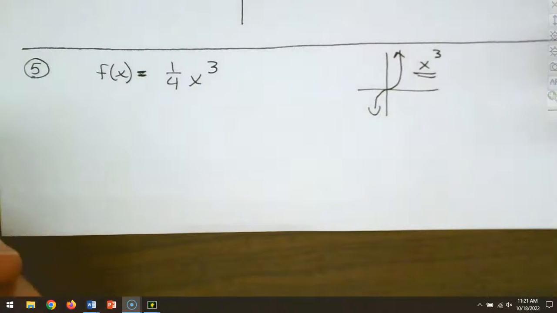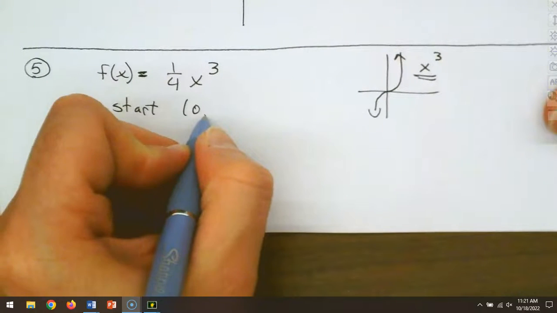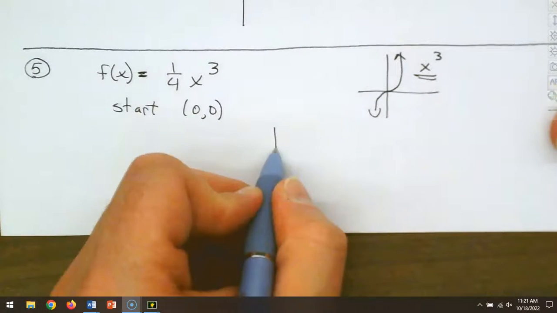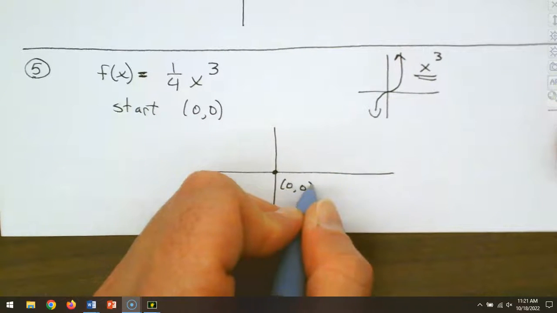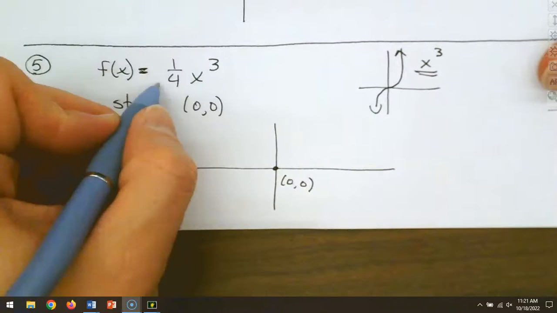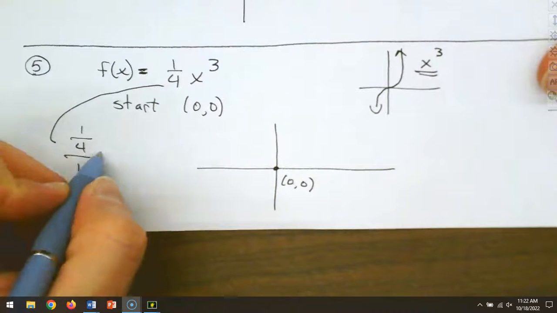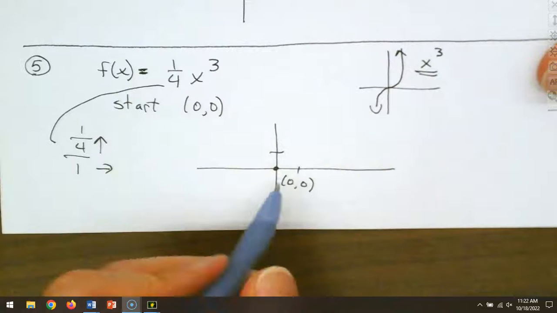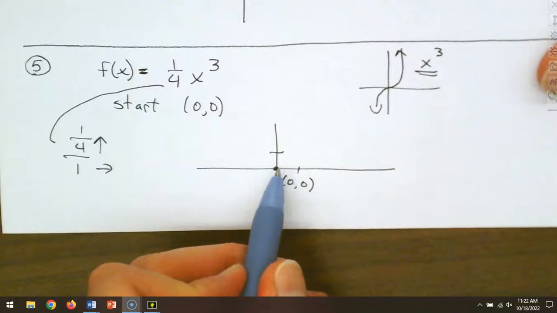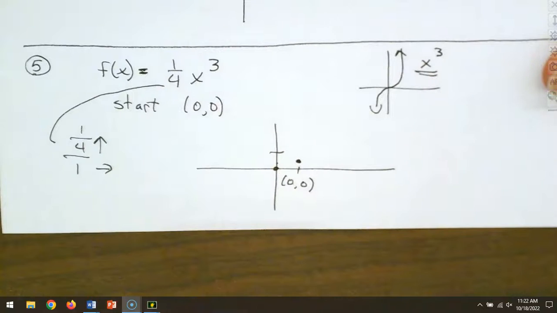Now, where are we going to start at? Start at 0, 0, because there's nothing else along with it. So we're going to start right here at 0, 0. And what about that 1/4? Well, that is 1/4 over 1. And you just barely go up a little bit. So we're going to go up about 1/4, not very much, so up just a little bit over 1 unit.